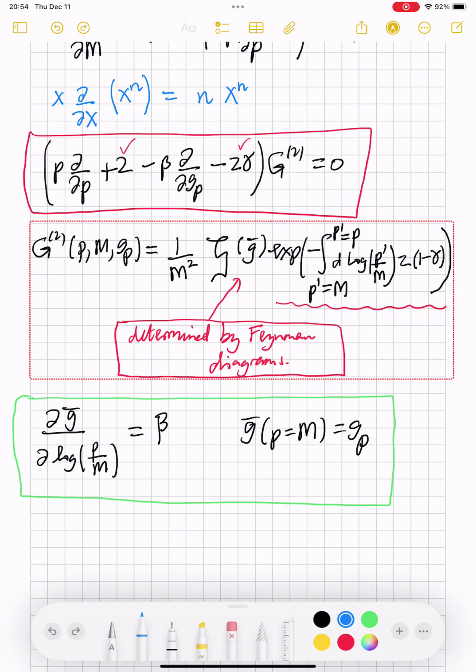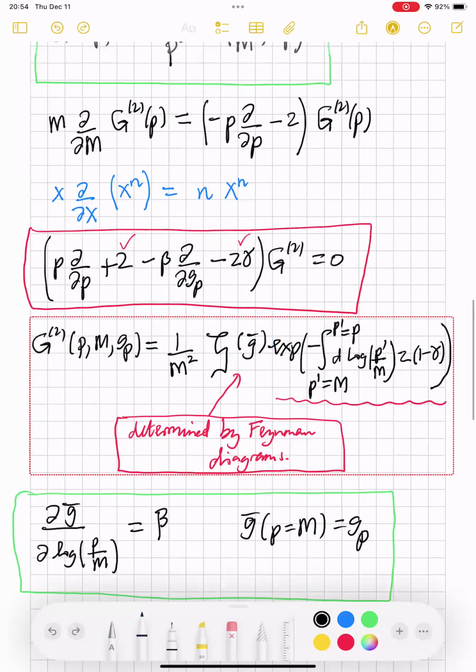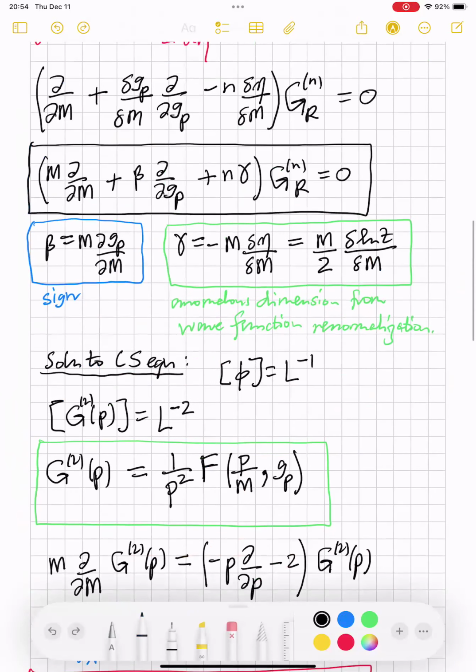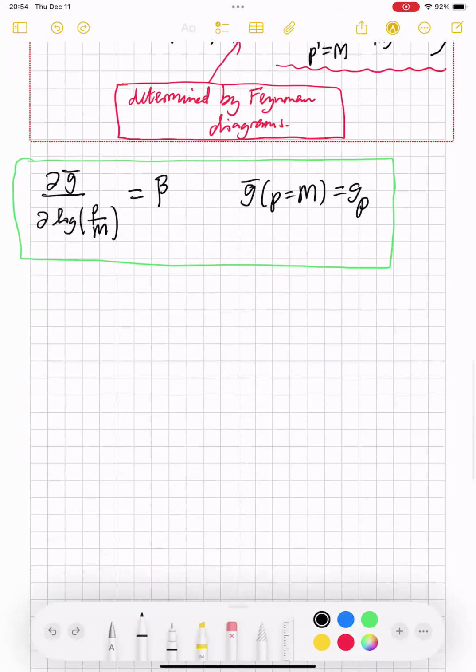Now let's get to the puzzle. So I want to go back. How did we define the beta function? Well, the beta function was m dg_p/dm. So this blue box here that I've drawn, and I said sign. So let's return to that equation. So beta is equal to m dg_p/dm. And I can now express things in terms of the log of p over m.